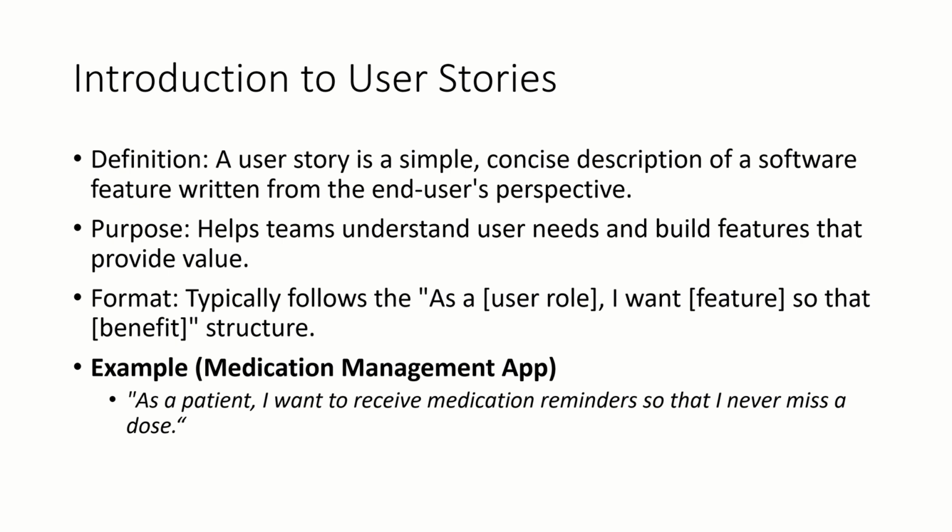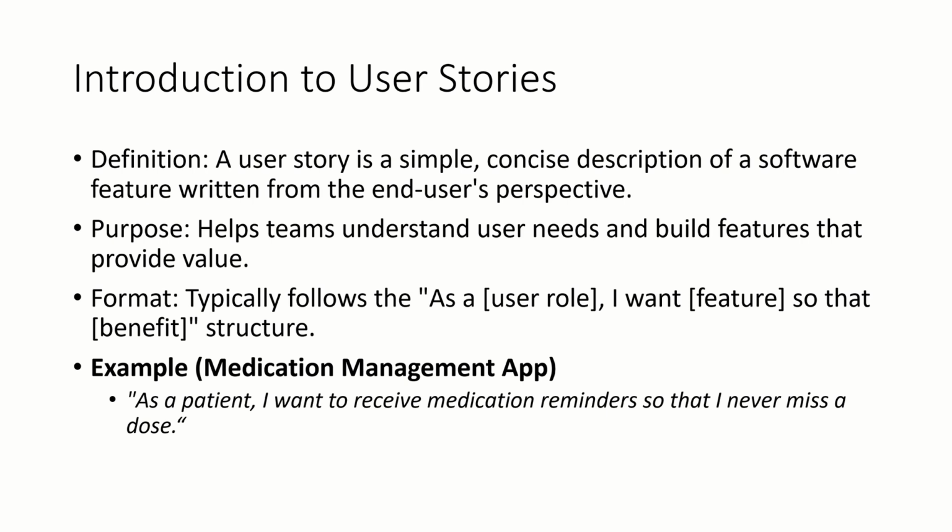So those are definitions. What's a user story? A user story is a simple, concise description of the software feature. Okay, important keyword: software feature, written from the end user perspective. Since in the past four weeks, we're trying to understand what the user's need is. That means we're trying to stand at the user's perspective and help them come up with what they really need.